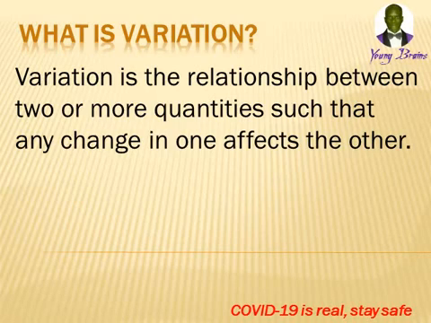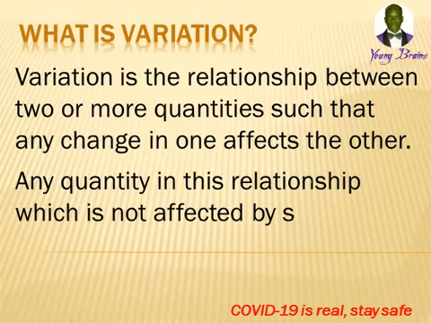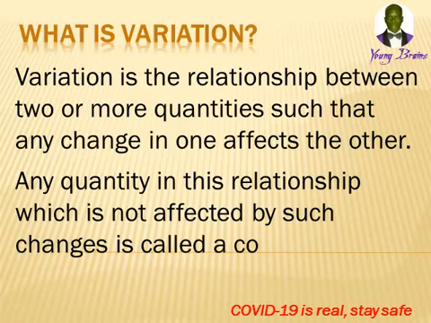This can be seen in man's day-to-day activities such as buying and selling. When the price of a commodity changes, then the quantity demanded will also change. The price affects the quantity demanded. So any quantity in this relationship between the two quantities which is not affected by such changes is called a constant.